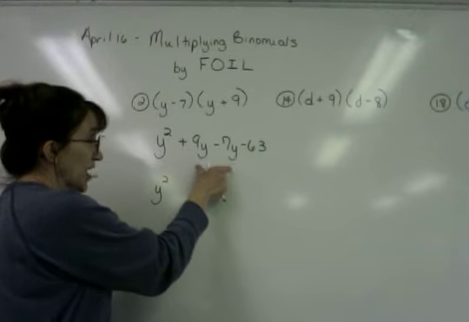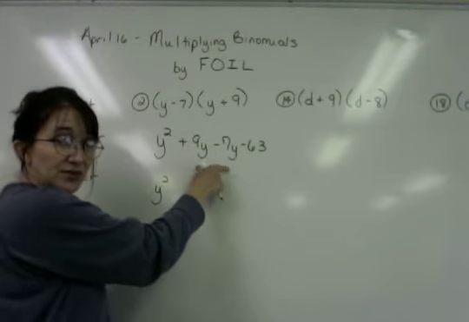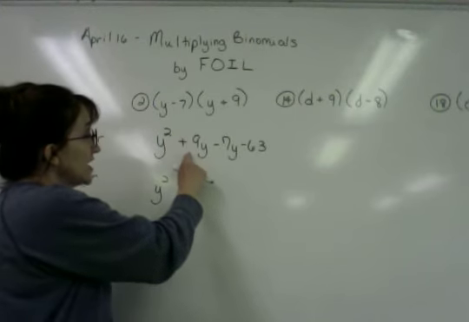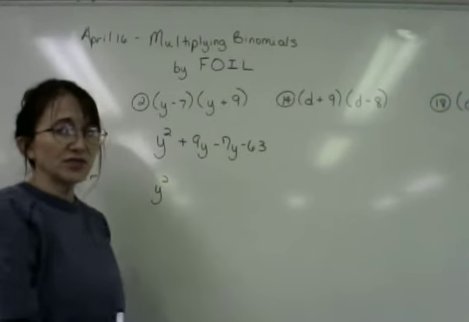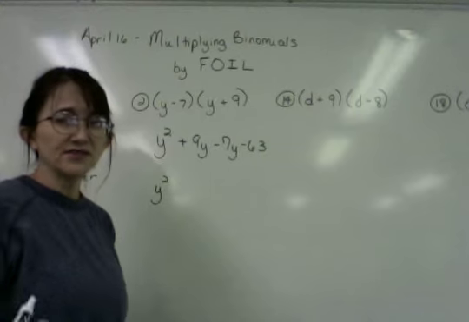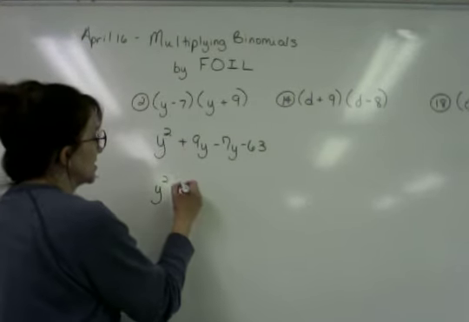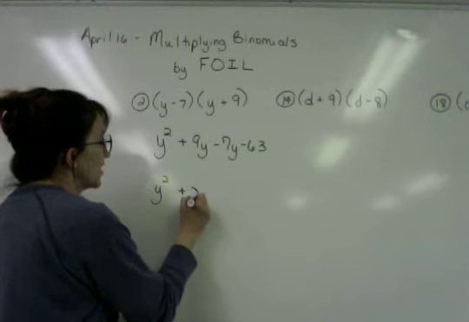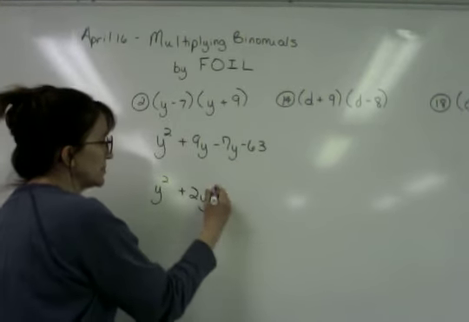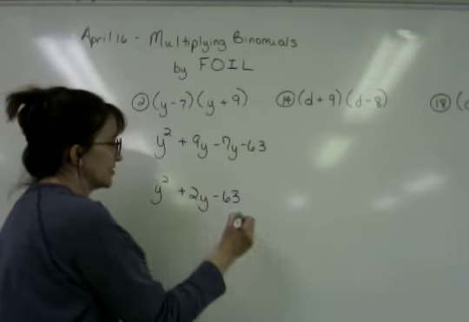Those are like terms. I need to combine those. So 9 plus a negative 7, signs aren't the same, so I subtract and take the sign of the larger absolute value number, and that becomes a positive 2y. Then I'm going to bring down my constant as a negative 63.